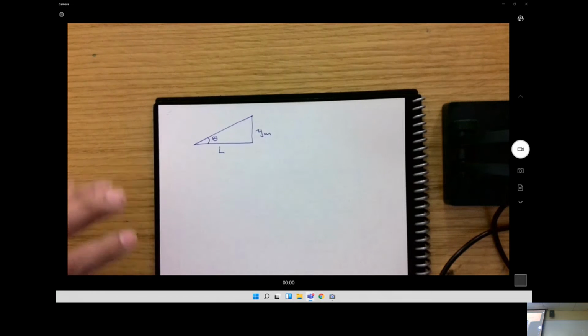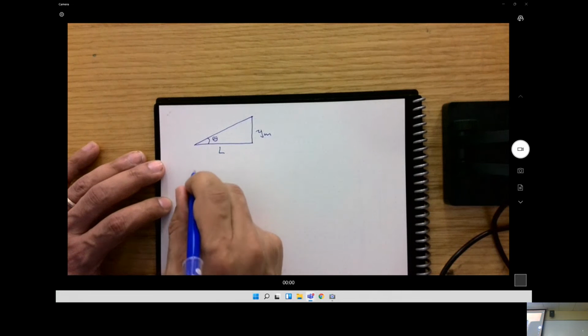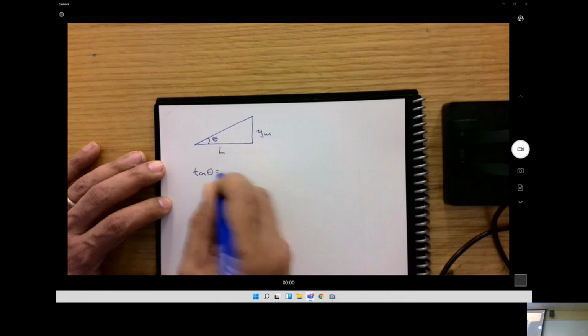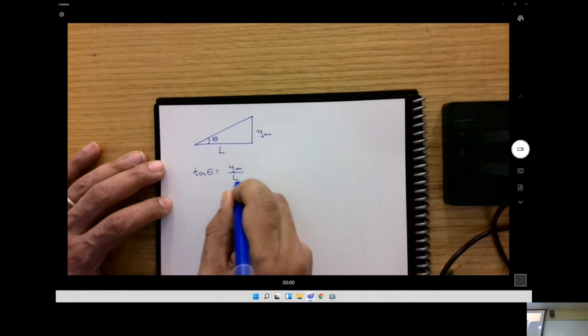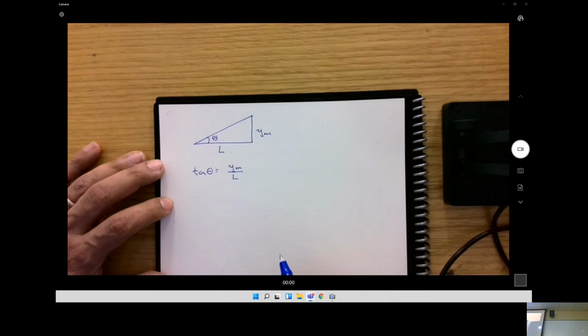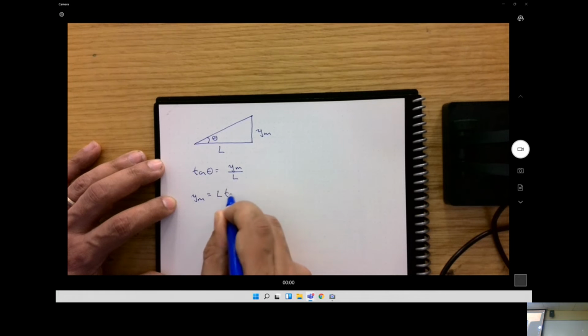And from this triangle, I can say tangent of theta is going to be equal to y of m over L, or y of m is going to be L tangent of theta.